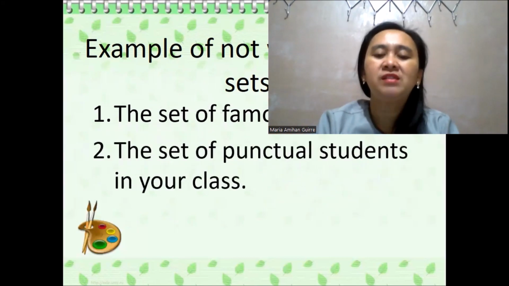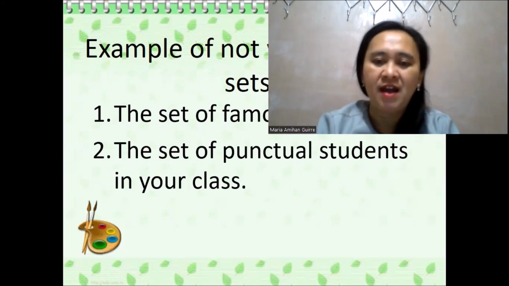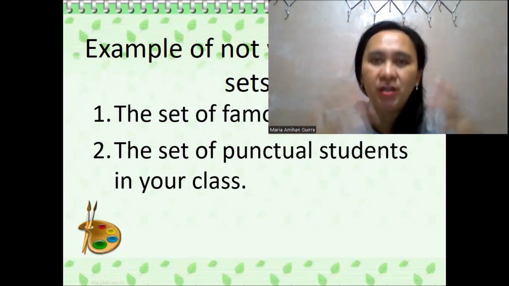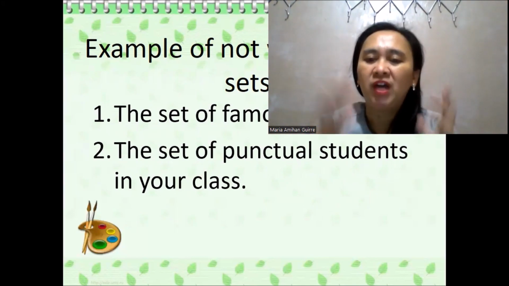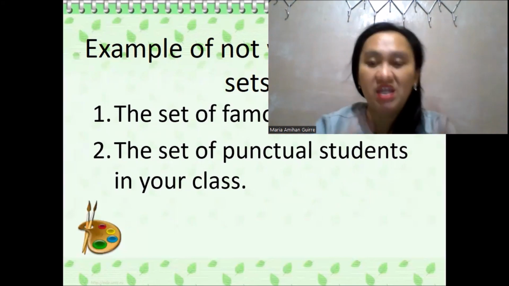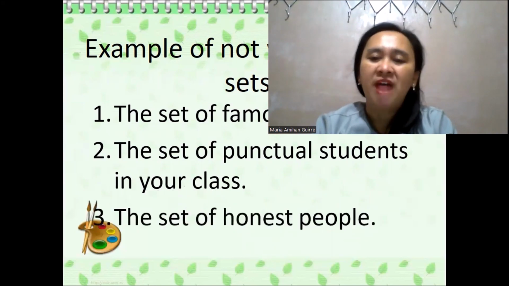Another example is the set of punctual students in your class. For example, ngayon ay maaga o punctual, then bukas ay hindi. So hindi siya permanent, hindi stable na matatawag na iyon palagi ang punctual. Another example is the set of honest people.